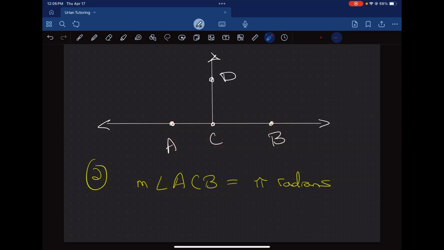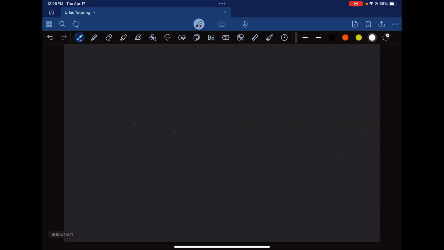So the measure of a straight line, if we took a straight line, let's take a look at something like this. This is a right angle. This line, we'll call this PQR. So PQ, the line segment PQ, is perpendicular to the line segment QR.